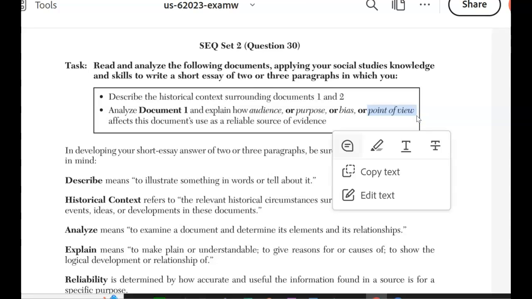And you can almost think about this physically. A soldier, what does he see of a battle? He sees his battle. A general might have a different point of view because the general sees the whole battle, the whole battlefield. He knows what's going on all across it. The soldier only knows what he sees in front of him, only knows his little part.